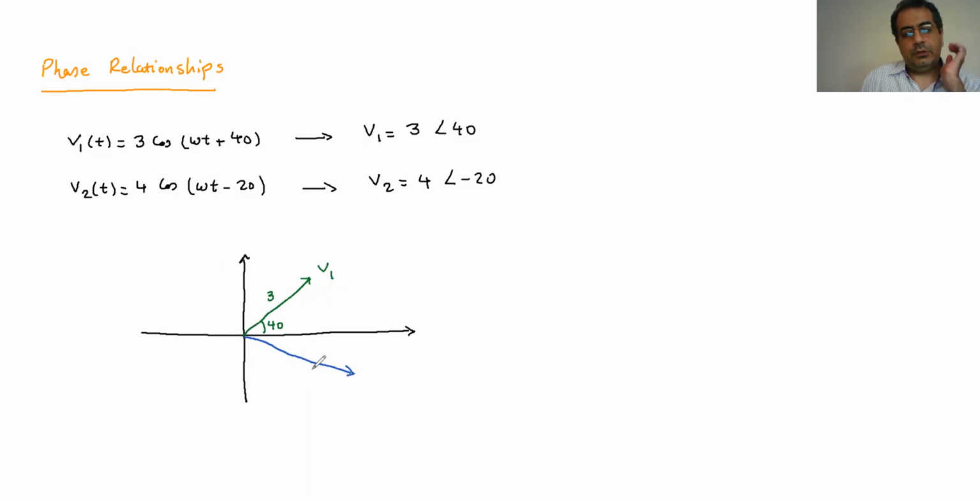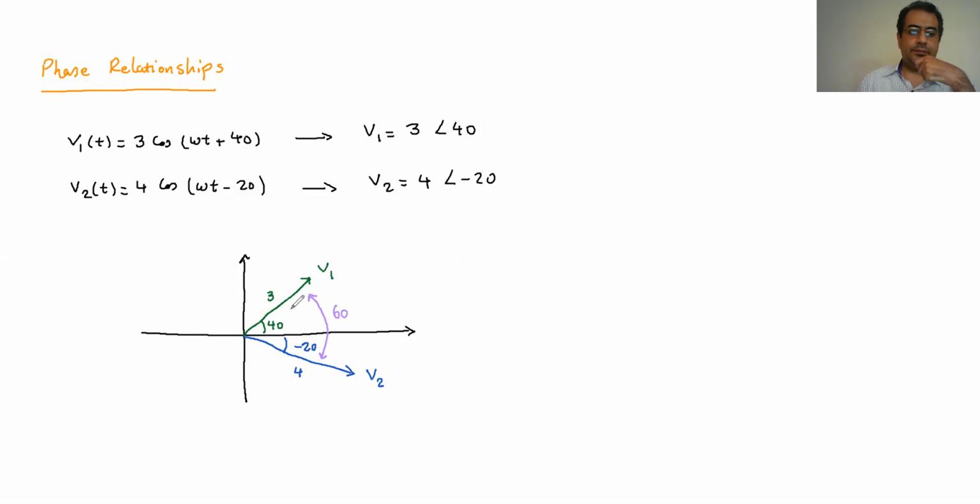So assume this length is 4 and this angle is negative 20. And look at that, we measure everything counterclockwise. And so this is going to be the V2 that we consider. So the angle between these two is going to be 60 degrees. From here to here is 60 degrees.